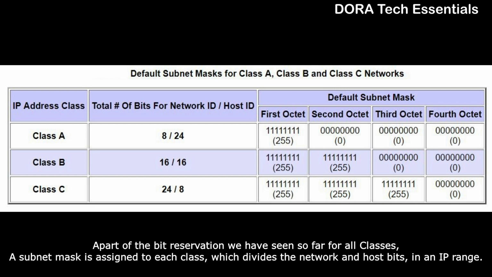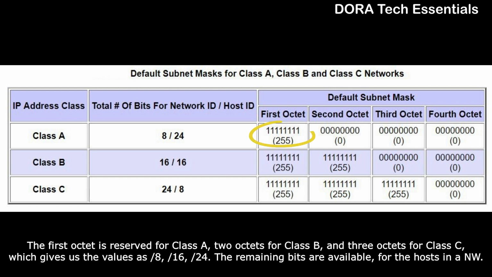Apart from the bit reservation we've seen so far for all classes, a subnet mask is assigned to each class, which divides the network and host bits in an IP range.